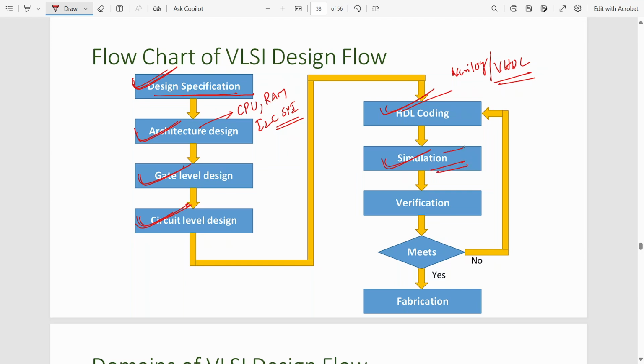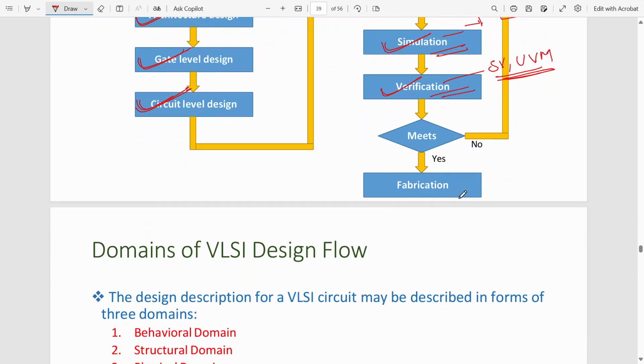After that, to check whether your circuit is correct, you use verification, basically SystemVerilog and UVM methodologies. If the design is met, it will go to fabrication. If not, it goes back to the HDL code. So this is the flow chart of the VLSI design flow.